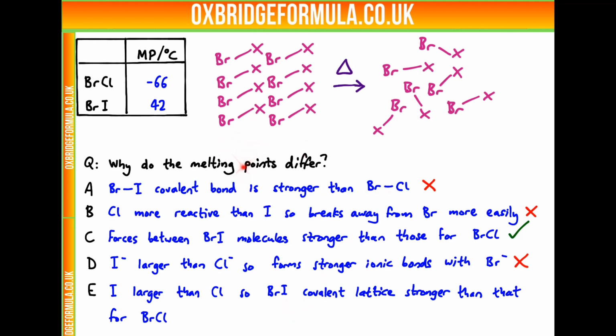Well, no. We know that each bromine is only connected to one X, or chlorine or iodine, rather than being connected to a load of different atoms. And these are instead held together by intermolecular forces, which are weaker than covalent bonds. So it's wrong to compare the covalent lattices. Instead, we should be talking about intermolecular forces, like we were in C. And so statement E is not quite correct, so we can mark it wrong.